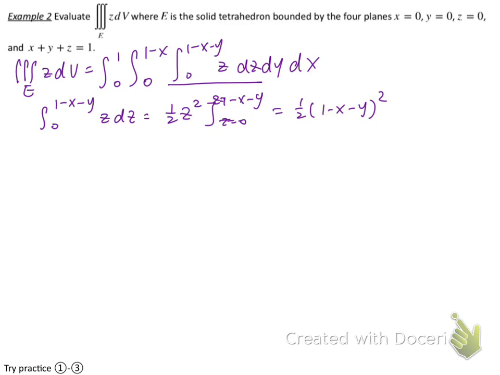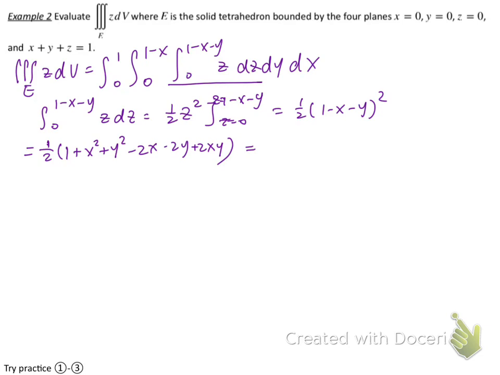Do I want to expand it? I'll expand it, although if you don't expand it, it's so much easier. But I imagine most of you would expand it anyway. I'm not going to show you the whole multiplication. This is 1 plus x squared plus y squared minus 2x minus 2y plus 2xy. That's the perfect square formula for three terms.